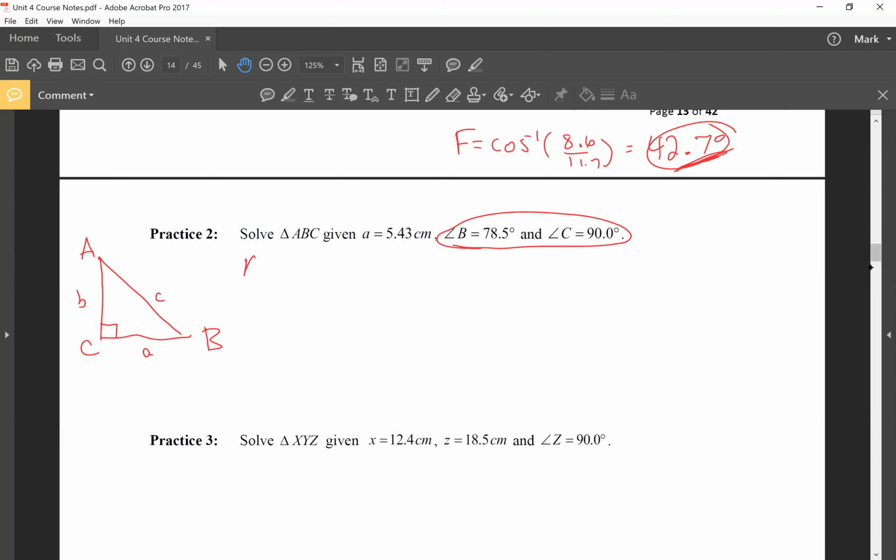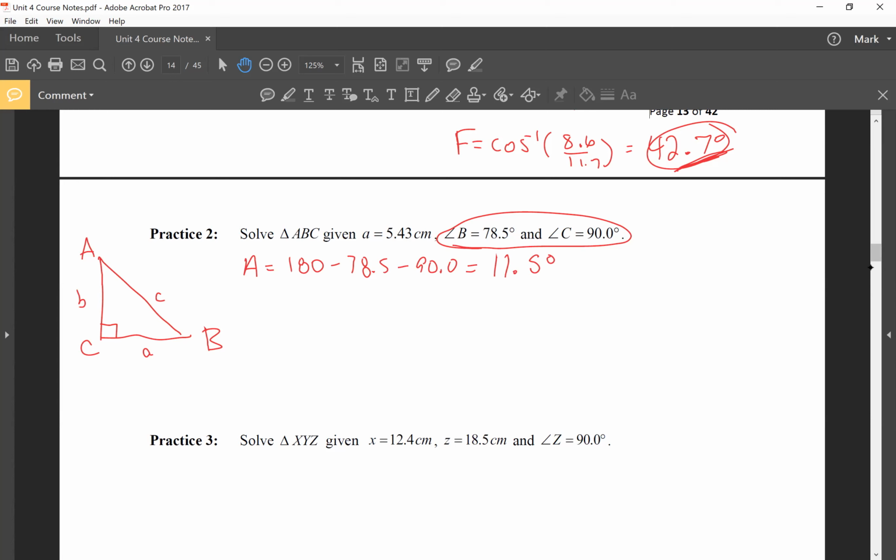Angle A, we can easily solve by subtracting the answer from 180. I know that's not in the notes, but that's honestly such a good thing to remember. It will save you so much time if you get a question like this. So 180 minus 78.5 minus 90 is 11.5. That's the easiest way to solve A. There are many different ways you could solve A, but that's the easiest one.